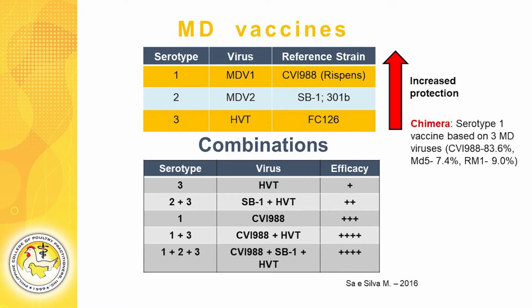Also, we know that there will be a synergistic effect if we combine strains of different serotypes. For example, if you combine a serotype 1 and 3, which will be a Rispens strain plus an HVT, you will get a much better protection against Marek's disease, and this could be used against the more virulent types of strains.